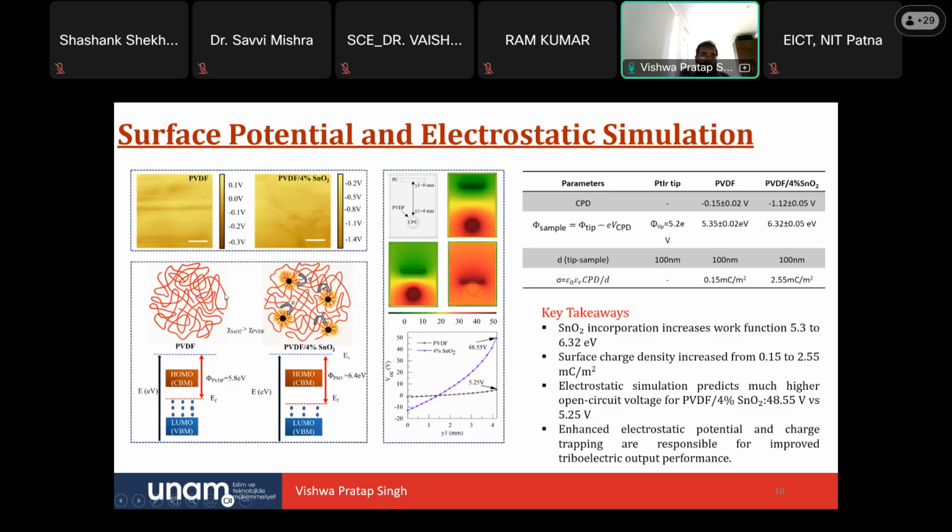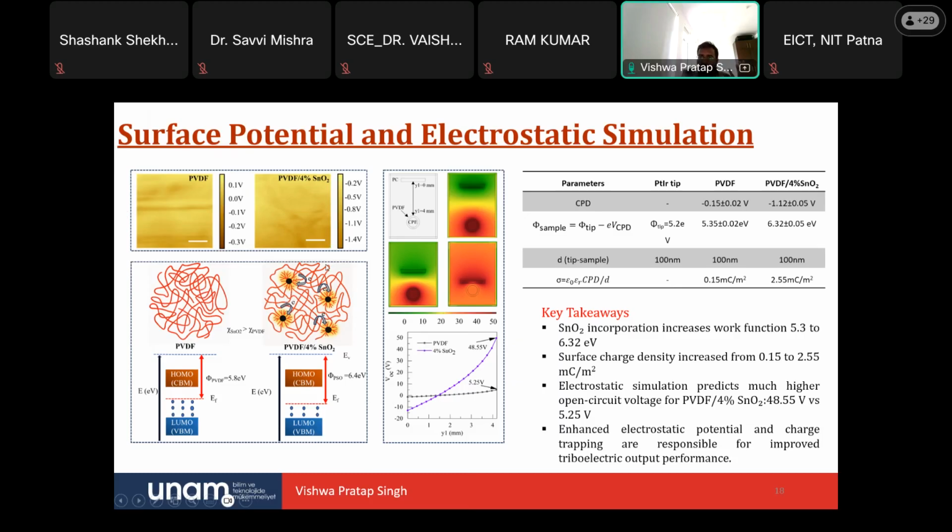PVDF has a negative CPD, but after reinforcement, it has a higher negative value because SnO2 has a higher electron affinity, so it is sucking the electrons out from the nearby PVDF structure and making the film much more electronegative. So in this sense, it will become tough to get the electrons out of this nanocomposite.